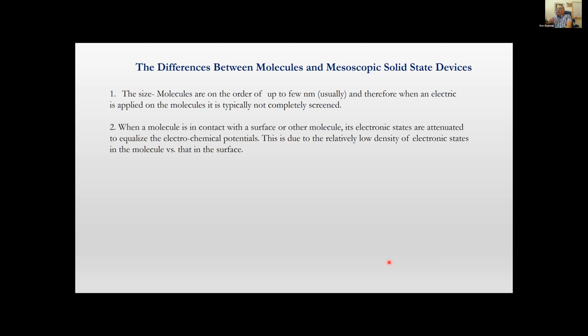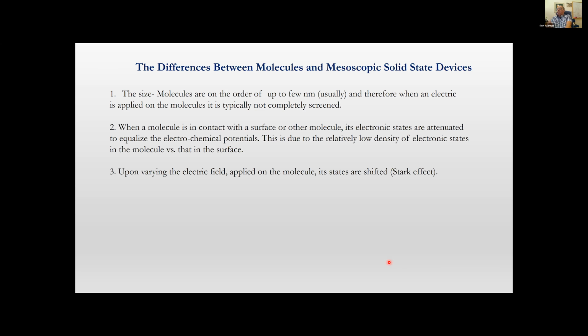Now, when a molecule is in contact with the surface of other materials, its electronic states are attenuated in order to equalize the electrochemical potential. And this is a result of the fact that typically the density of electronic states in the molecule is much lower than in the electrodes.